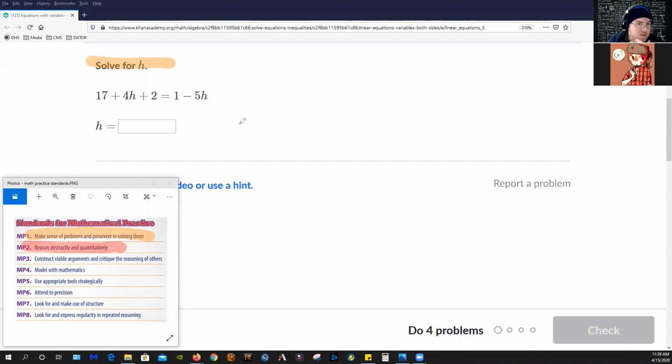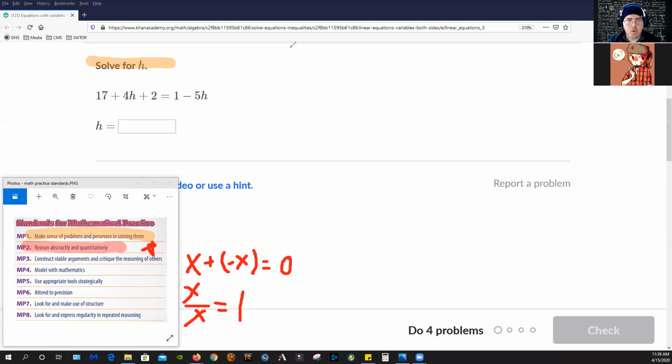The two inverse operations we've used the absolute most are that anything plus its opposite is going to be equal to 0, and anything divided by itself is equal to 1. So those are our abstract reasonings that we're going to be using a lot.